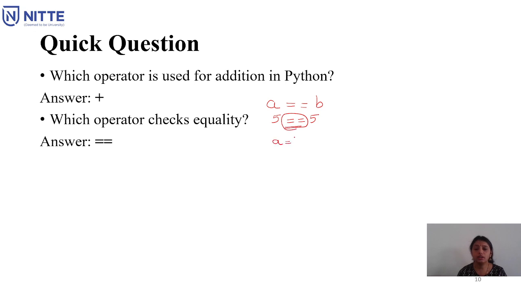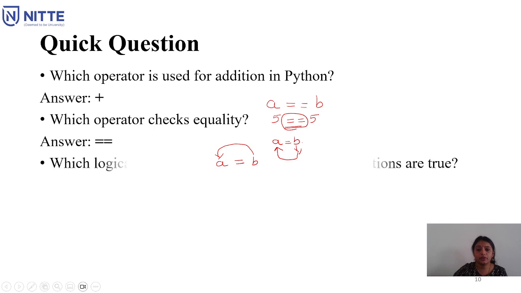If you use a single equal to, that is A equal to B, that means the value present in B will get assigned to A. So A is a variable, B is a variable, and the value present in B will be put inside the variable A. Then you will be using a single equal to, which is called the assignment operator.